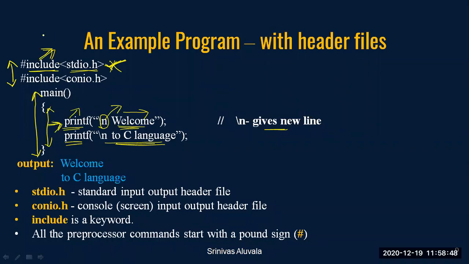Remember, include is a keyword, and it can't be used for any purpose other than adding header files, other than adding some functions to the program. So include is a preprocessor directive, or preprocessor command, which is used to add the header file. What is a header file? A header file is a file which consists of the predefined functionalities of other functions or commands which can be used in our program.